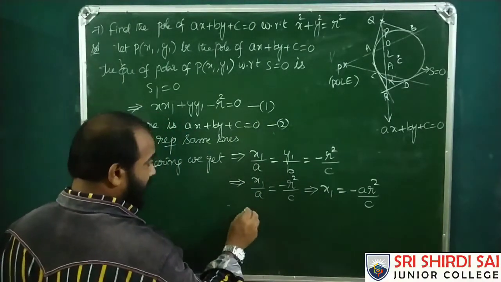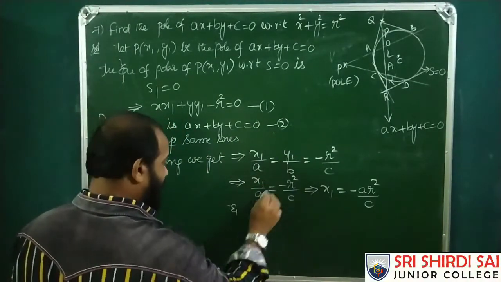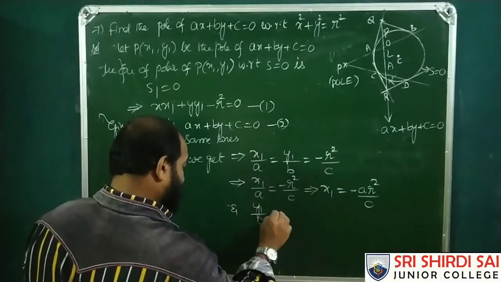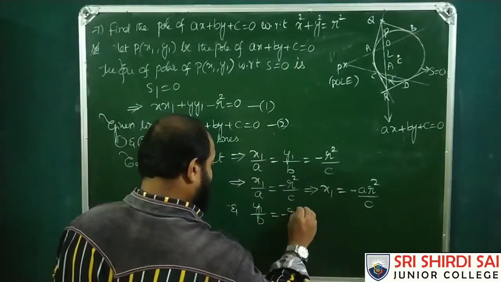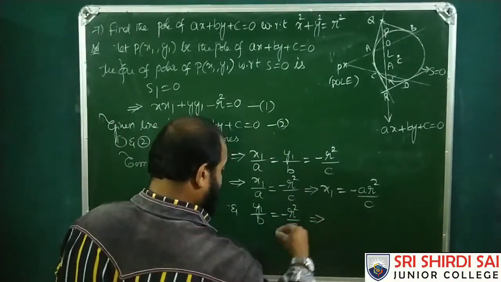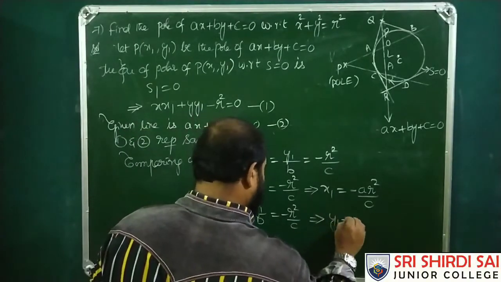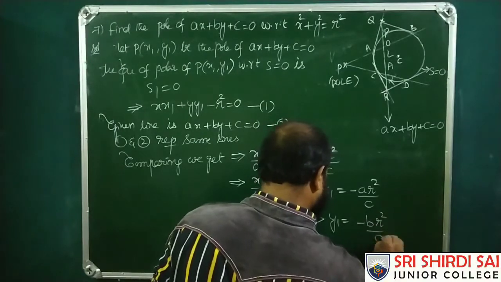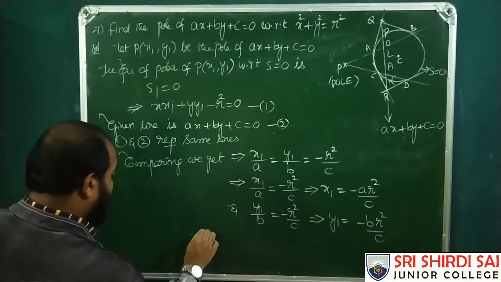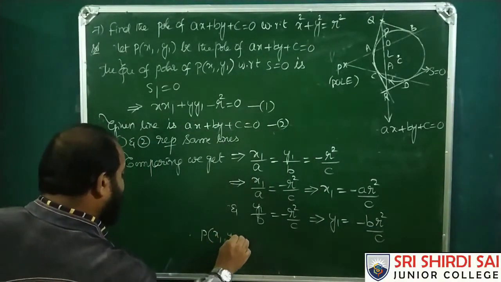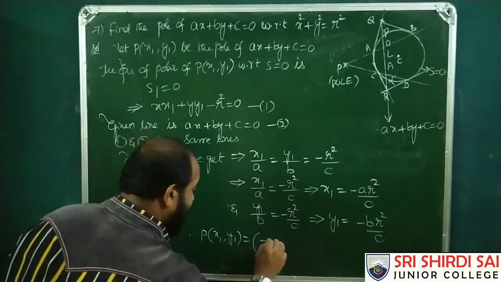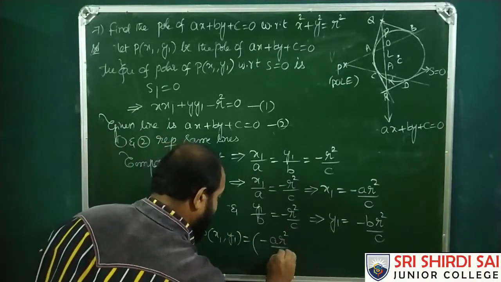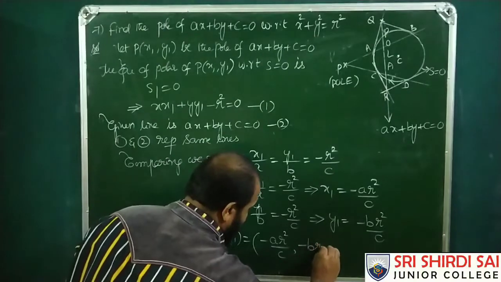Similarly, y1 by b equals minus r square by c, which implies y1 equals minus b r square by c. Therefore, the pole P(x1, y1) is (minus a r square by c, minus b r square by c).